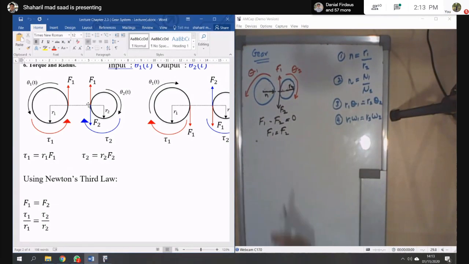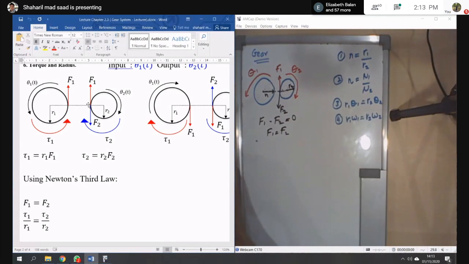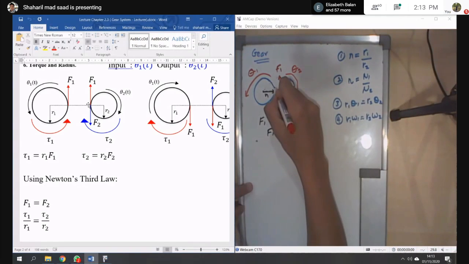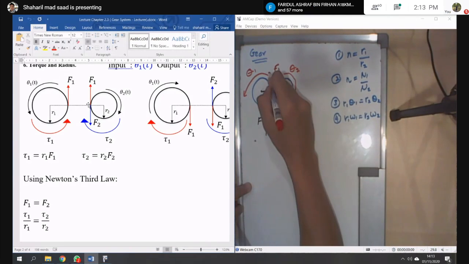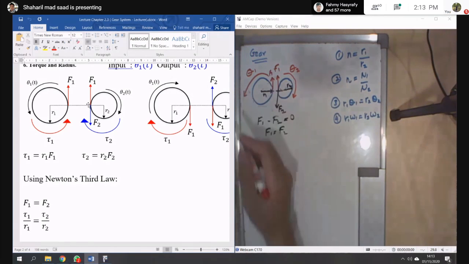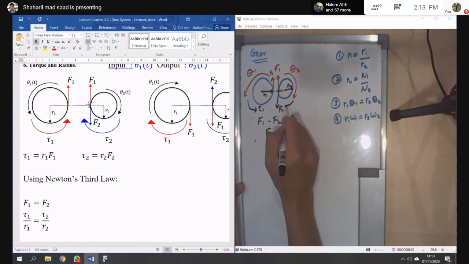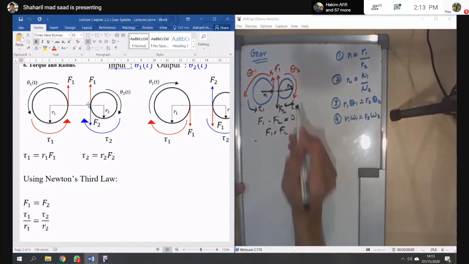And then another one: gear 1 also has F1 here, and F1 here applies to gear 2. So this one will give you the torque. We call it torque tau 1. Okay, another one will give you torque tau 2.